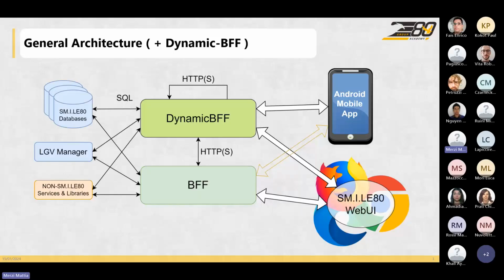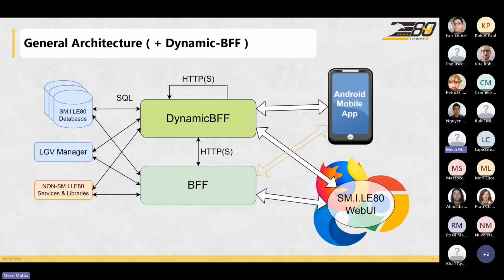Currently, the Android mobile application that we've just developed interacts exclusively with the Dynamic-BFF and does not interact with the legacy, current BFF, the non-Dynamic-BFF. But if needed, the possibility is there, and we'll see how it works.